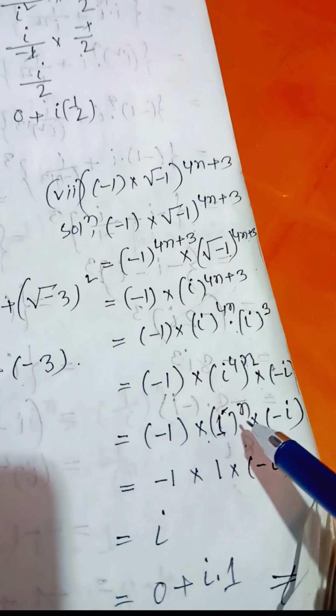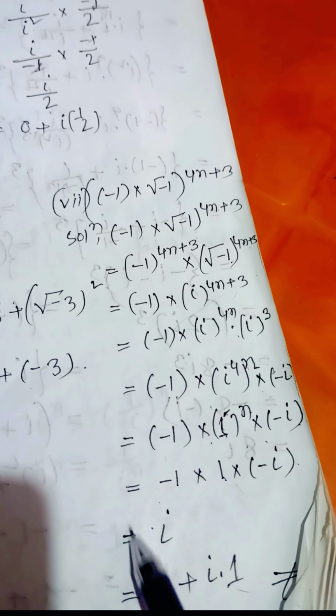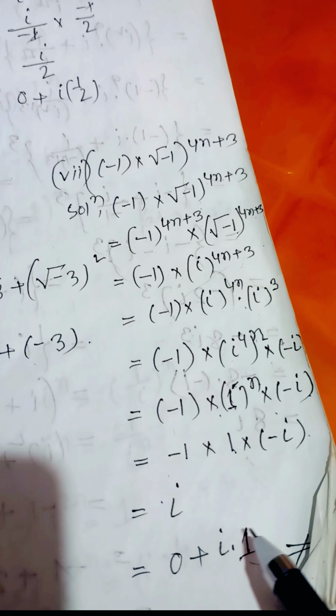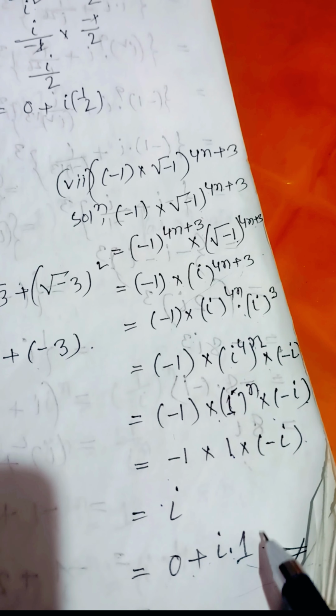So 1 whole to the power n into minus iota. So minus 1 into plus 1 is always minus 1. So minus 1 into minus iota is plus iota. So it is a pure imaginary number, and now we should convert it into a complex number: 0 plus iota into 1. This is the complex number.